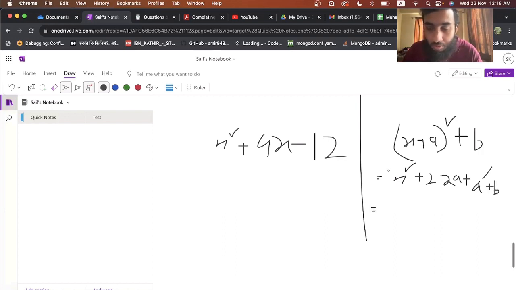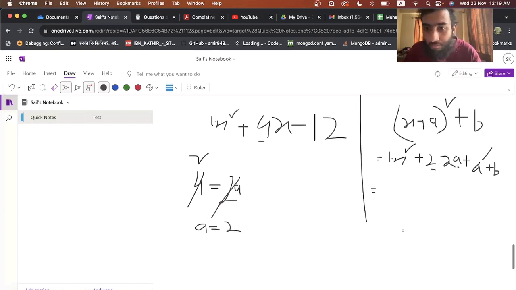So I'll match the coefficients for each term. 4 is twice a, so the value of a is 2. And I'll also do a square plus b, or minus 12 is what?